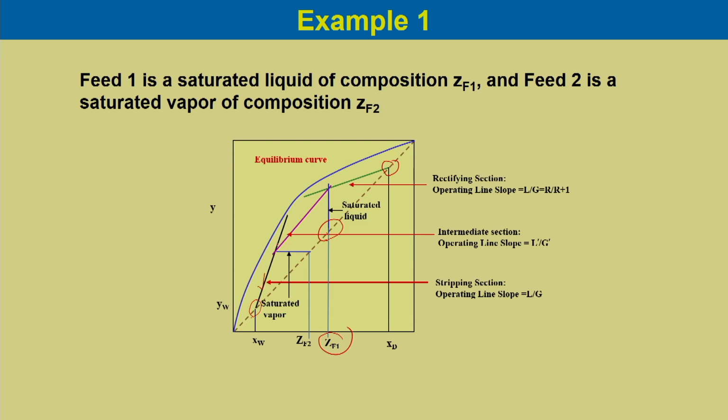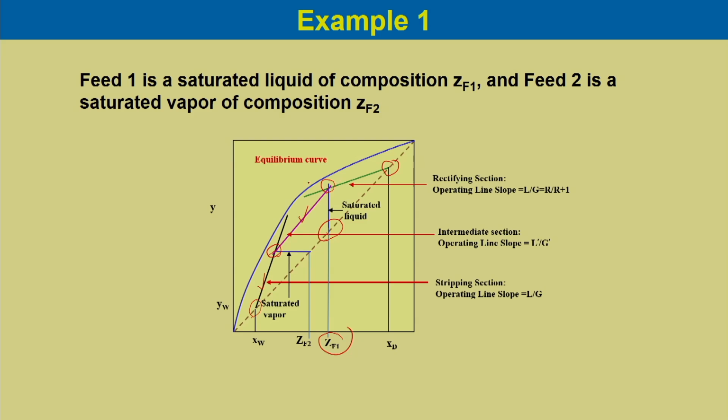As per the slope of the operating line in the stripping section, we can plot this stripping section operating line, and it will intersect the feed 2 line at this location. This should be satisfied with the operating line between the two feed trays.